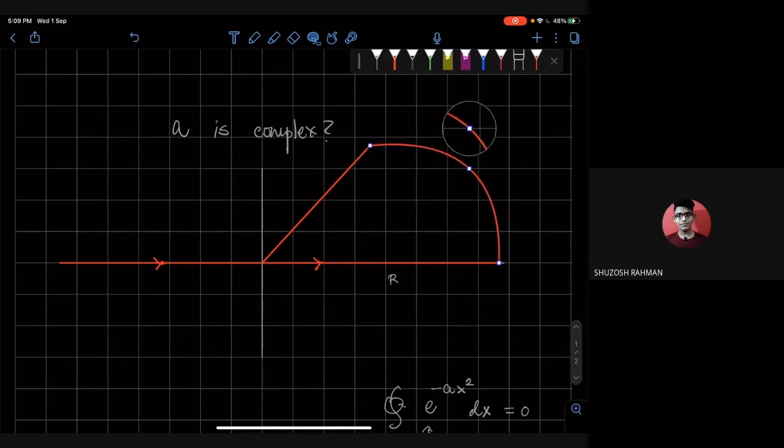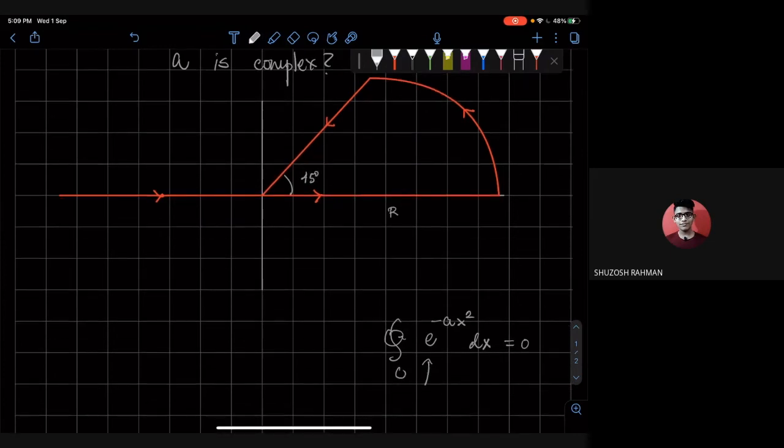So this is a closed contour, and for convenience we take this to be 45 degrees.